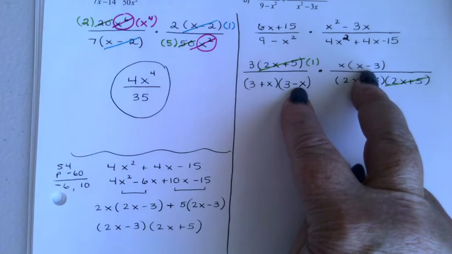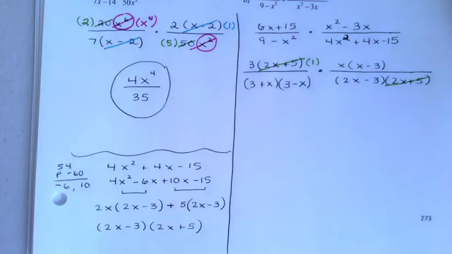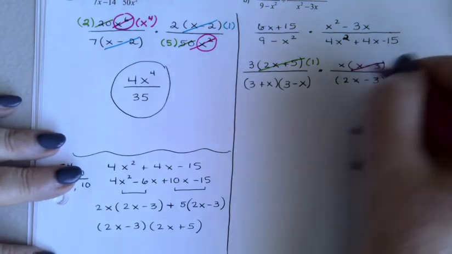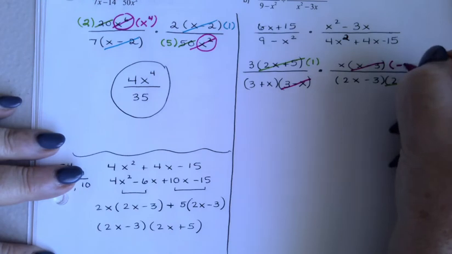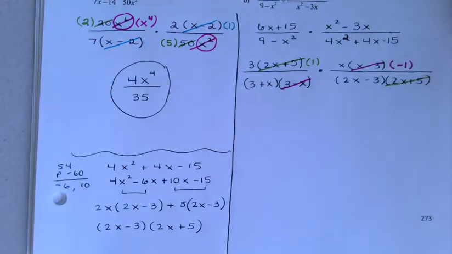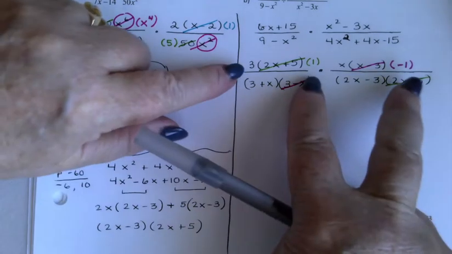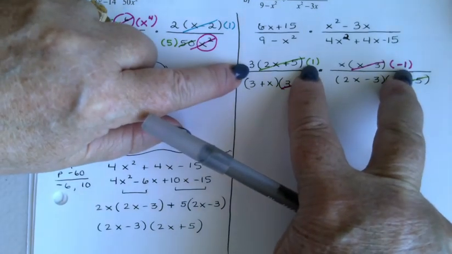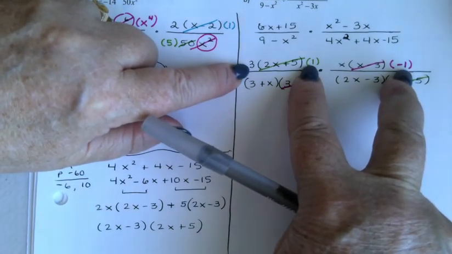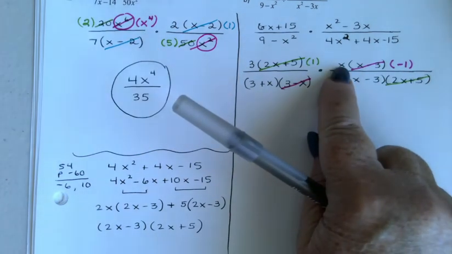I know I can divide those out, but they don't divide to 1. They divide to negative 1. All right, so what I have left on top, 3 times 1 times negative 1. So negative 3 times that x right there.